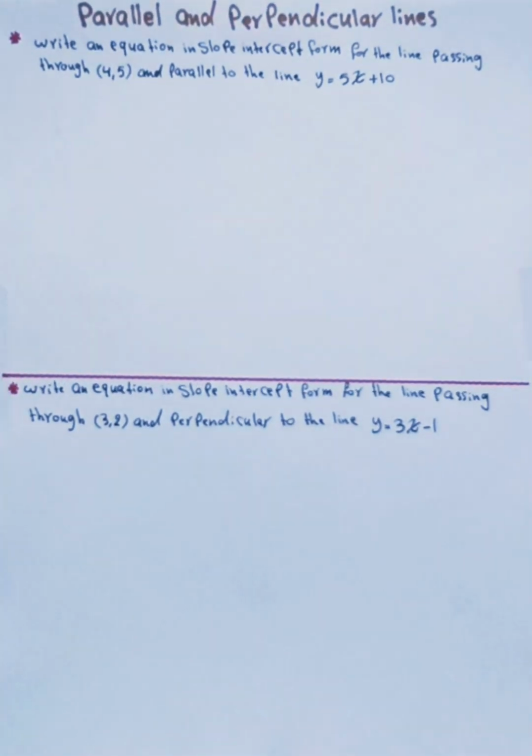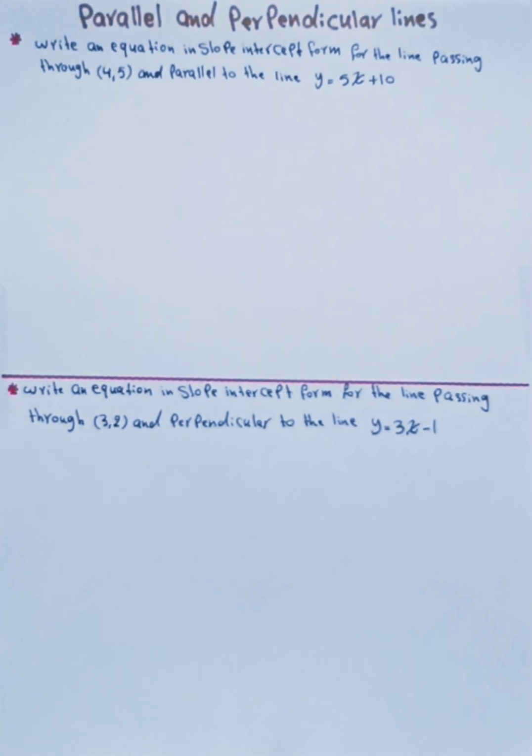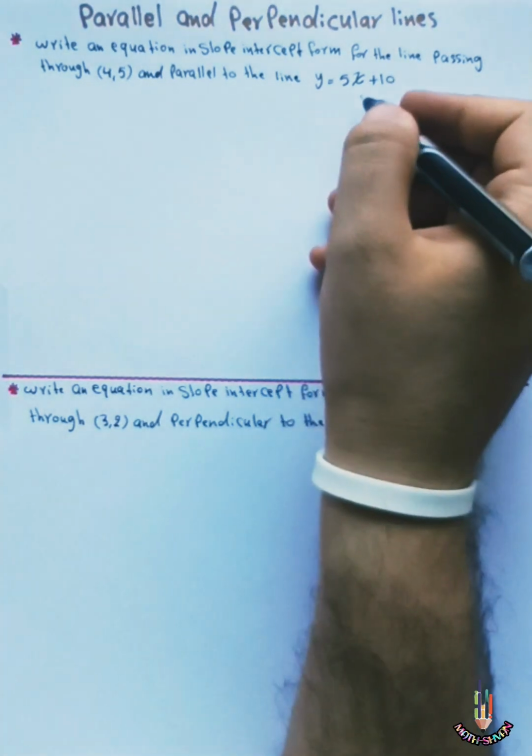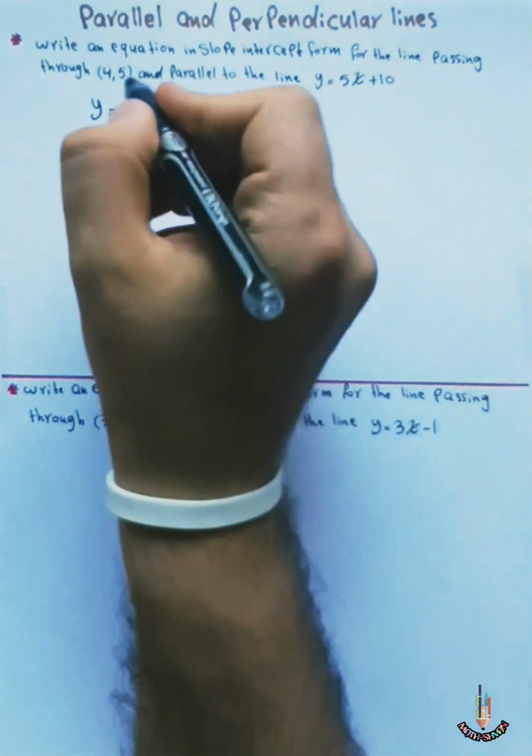In the last part of this lesson, I will teach you how to write an equation for a parallel or perpendicular line to a given line. In this example, write an equation in slope-intercept form for the line passing through 4, 5, and parallel to the line y equal to 5x plus 10. First step, we have to find the slope of the line. Our given line is y equal to 5x plus 10.